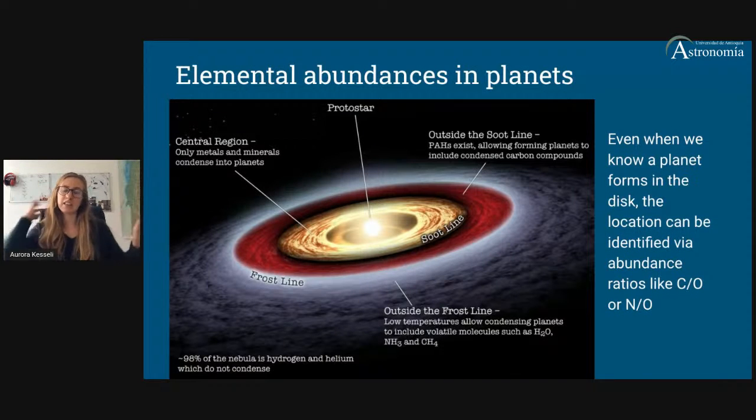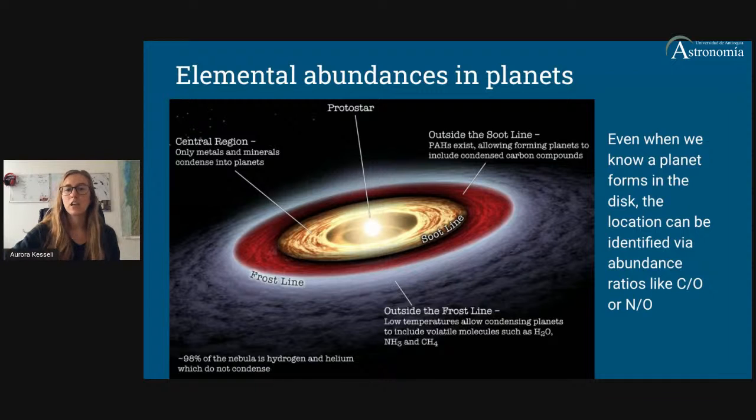So kind of looking at this in a more theoretical way, we expect the protostar in a disk to be at the center. And as we move farther out, less of the protostar's light is hitting these places. And so cooler and cooler things can start to condense. So very close to the central star, the only things that can condense into planets are metals and minerals.